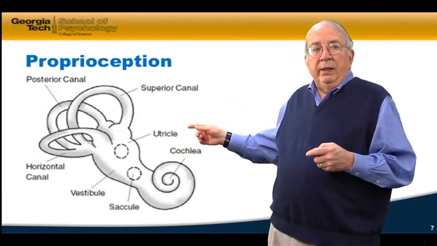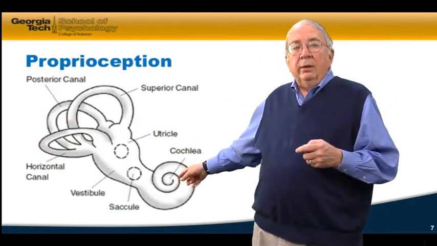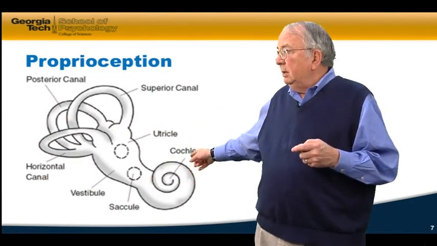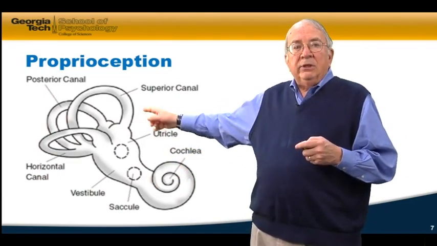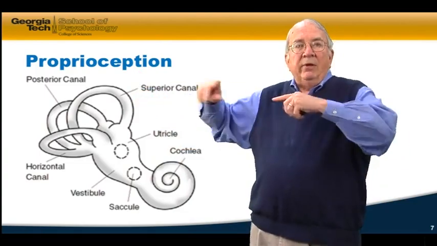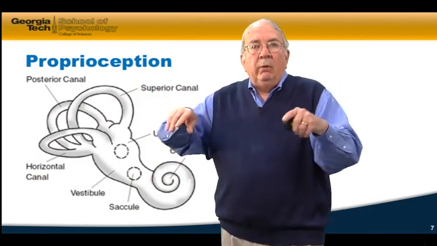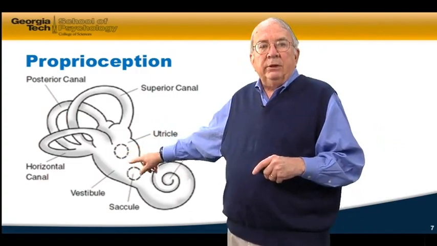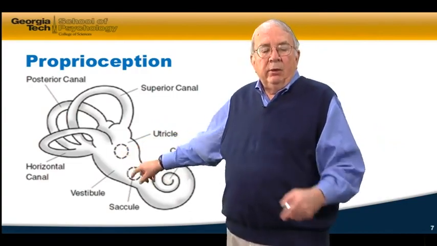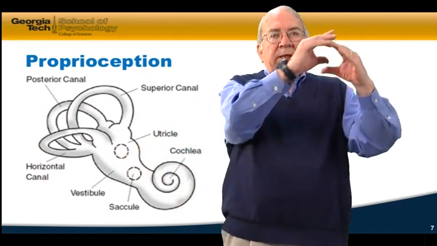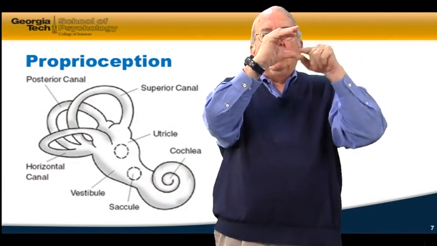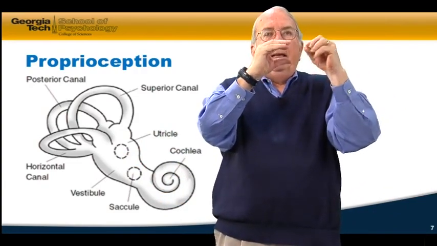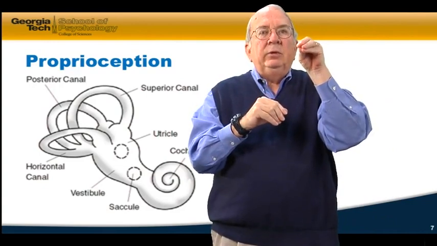Here's a picture of the inner ear, and you can see the cochlear, where we detect sounds, and then we have the semicircular canals, each one in a different axis that tells us where we're moving and in what direction we're moving. And then these little parts here called the otolith sacs, which are actually a container-like substance with hair cells located all around it, and it has something like little stones in there.